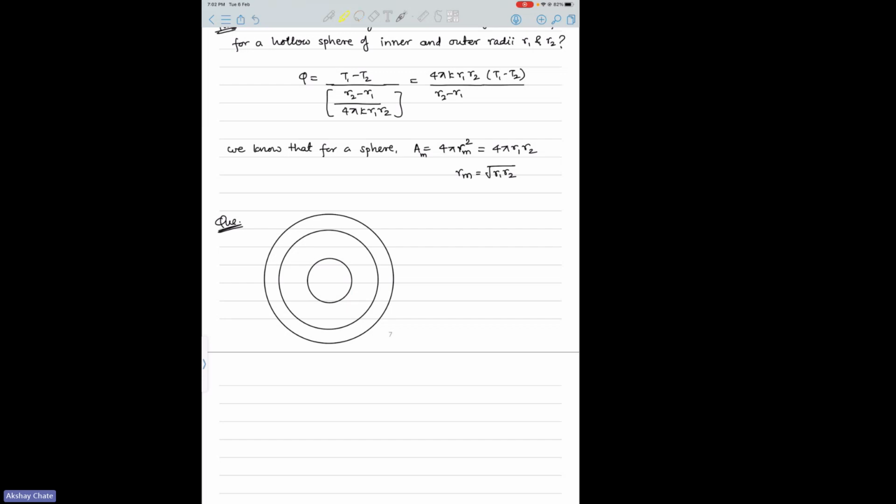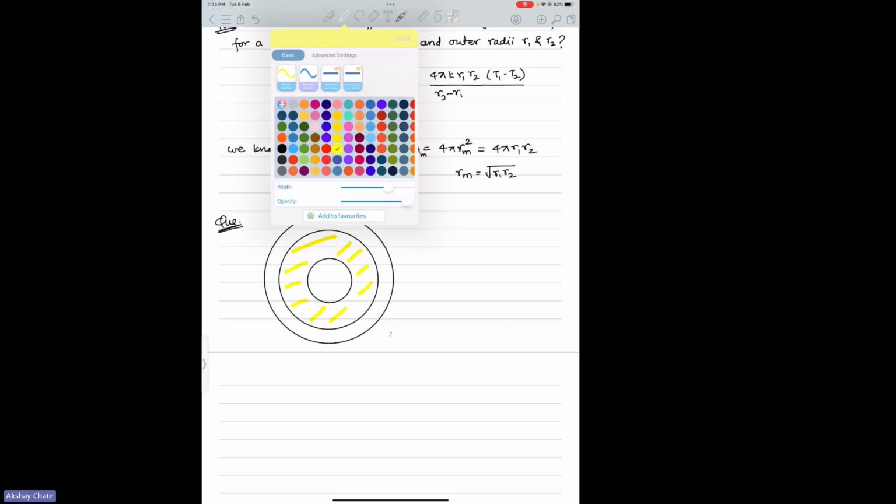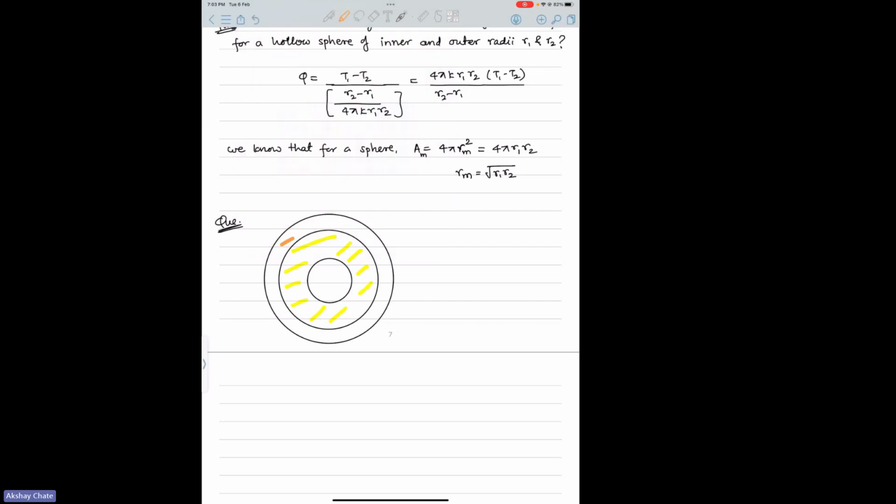I'll highlight one with the yellow color, and another with, let's say, orange.